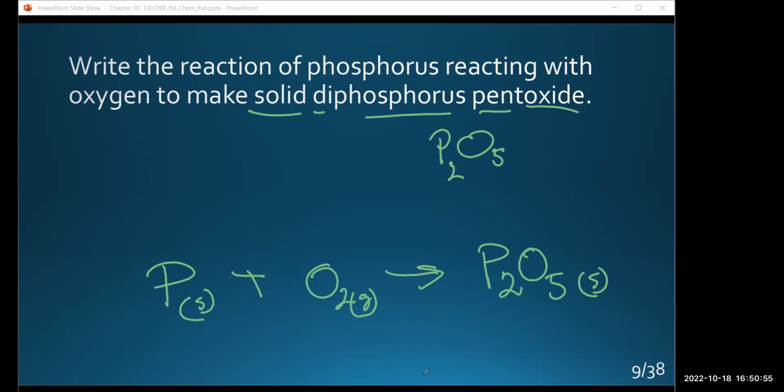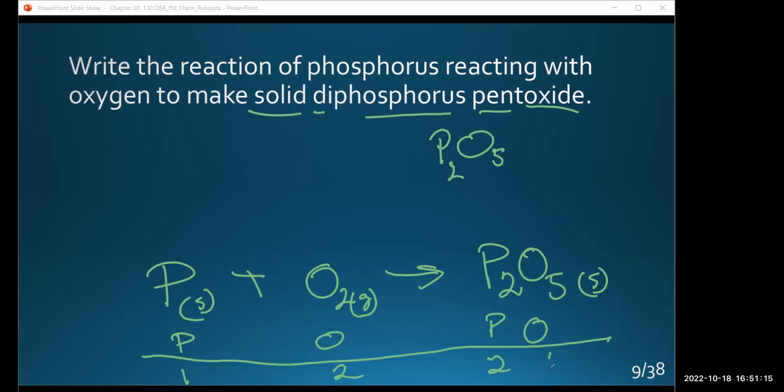You can check very quickly. If I draw a line here, for phosphorus I've got 1, and for oxygen I've got 2. Over here, phosphorus I've got 2, and oxygens I've got 5. So obviously nothing is balanced here at all.